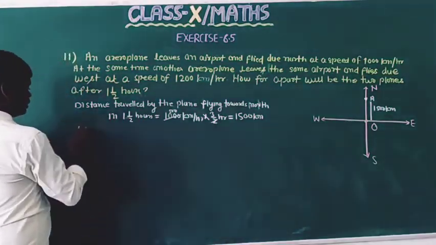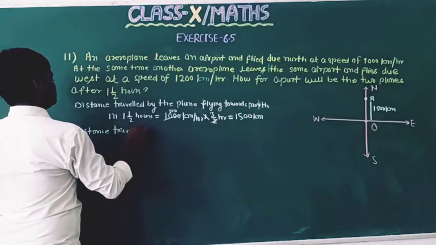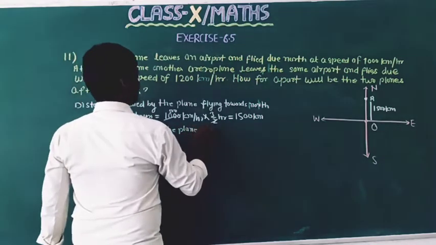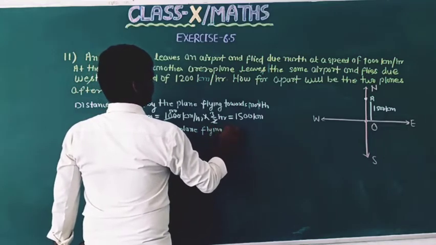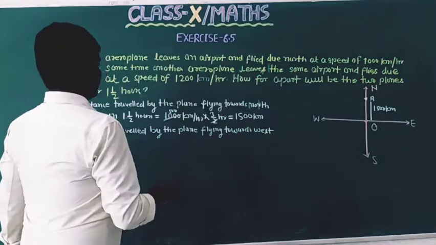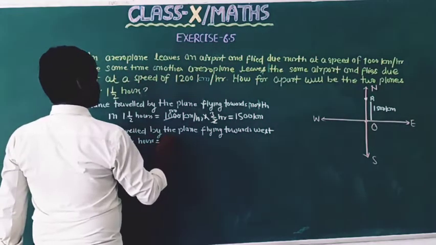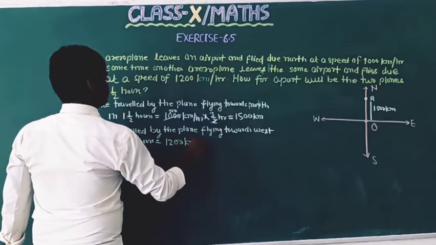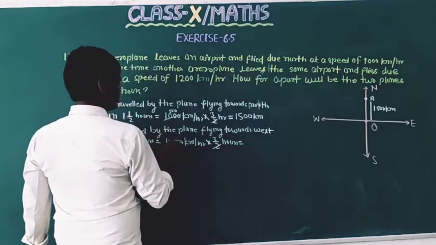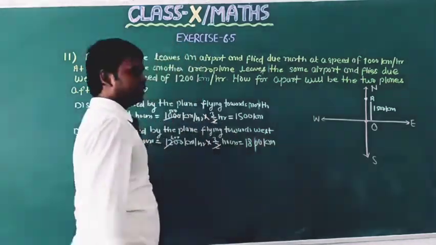So the distance traveled by the plane flying towards west in 3/2 hours equals 1200 km per hour speed, and time 3/2 hours, equal to 1800 kilometer.